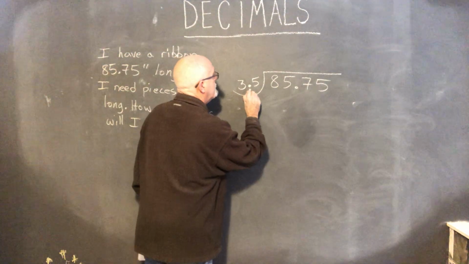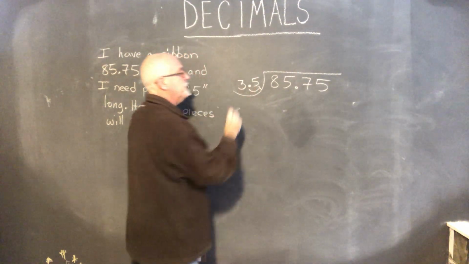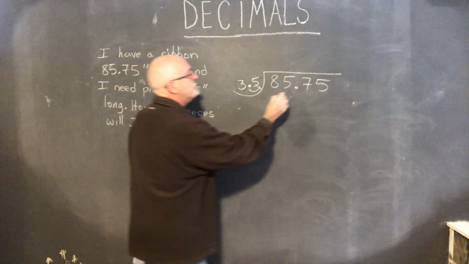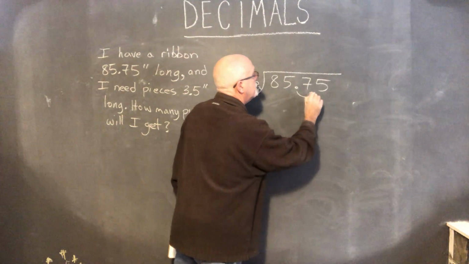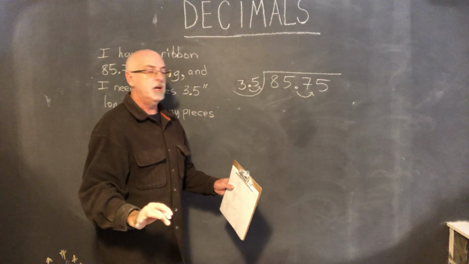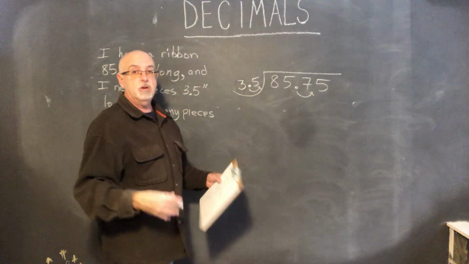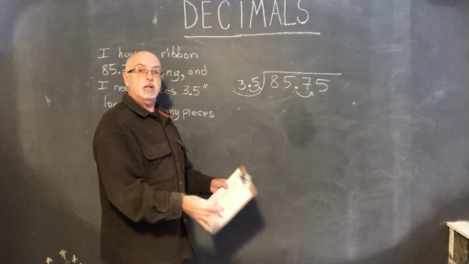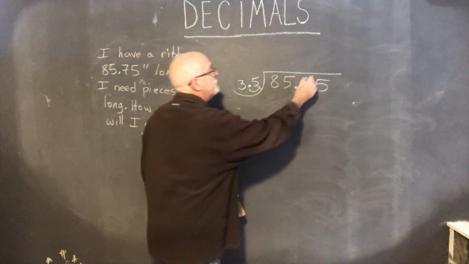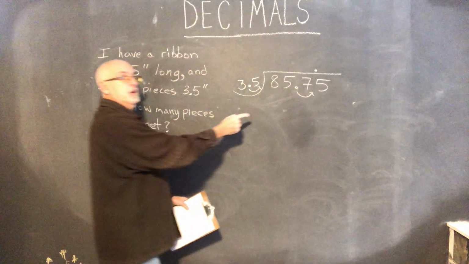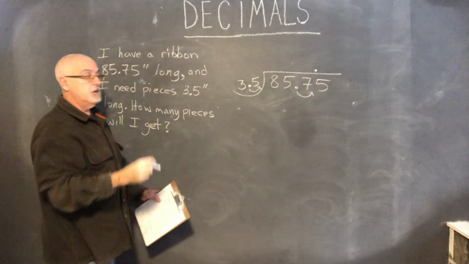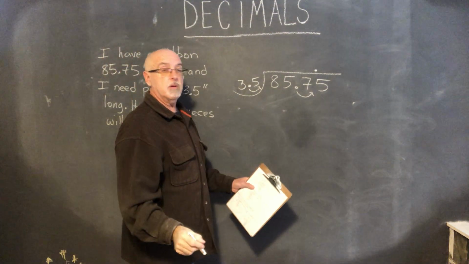So I have to jump that decimal one spot to the right, which means that this decimal also jumps one spot to the right. We are correcting both numbers by multiplying both of them by 10, basically. And so long as you do that to both numbers, it means that your answer will fit this new version of the problem, but the answer will also fit the original version of the problem. We are going to get the right answer.